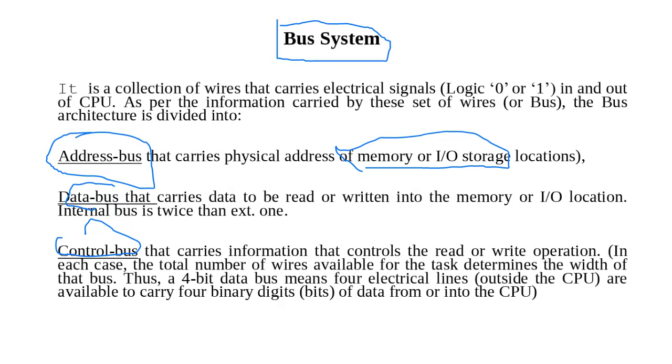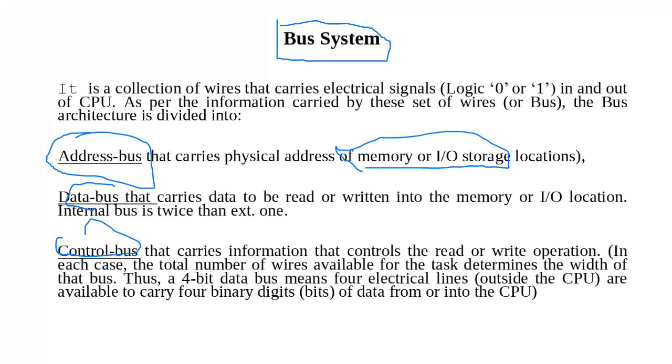For example, 1 kilobyte memory means 1000 bytes in size. A byte means 8 bits. So 1000 memory locations, each cell is 8 bits. It is called 1 kilobyte. So that means 1000 memory cells.